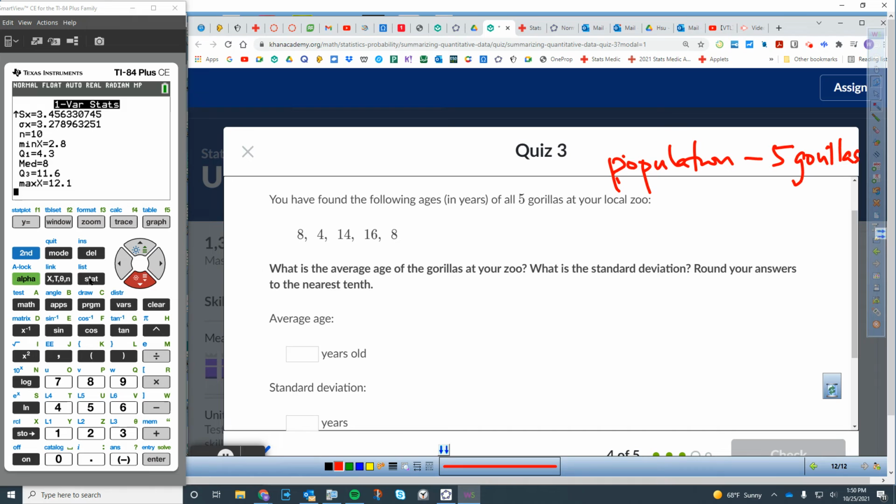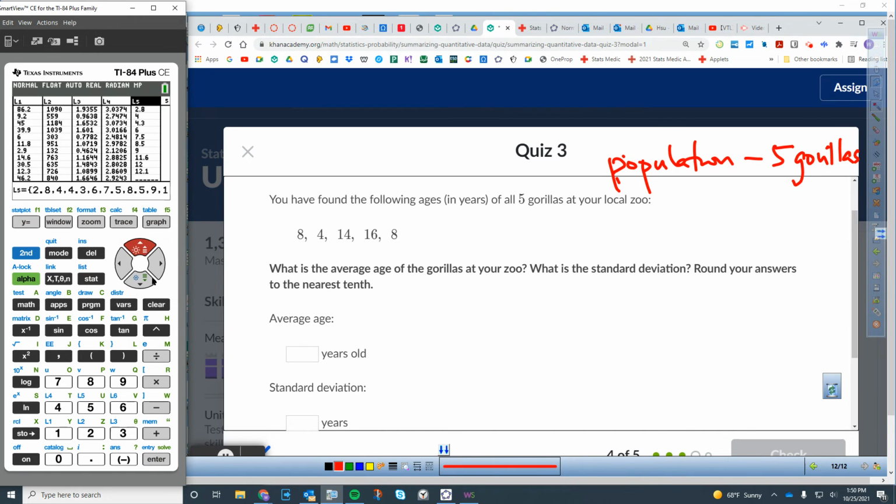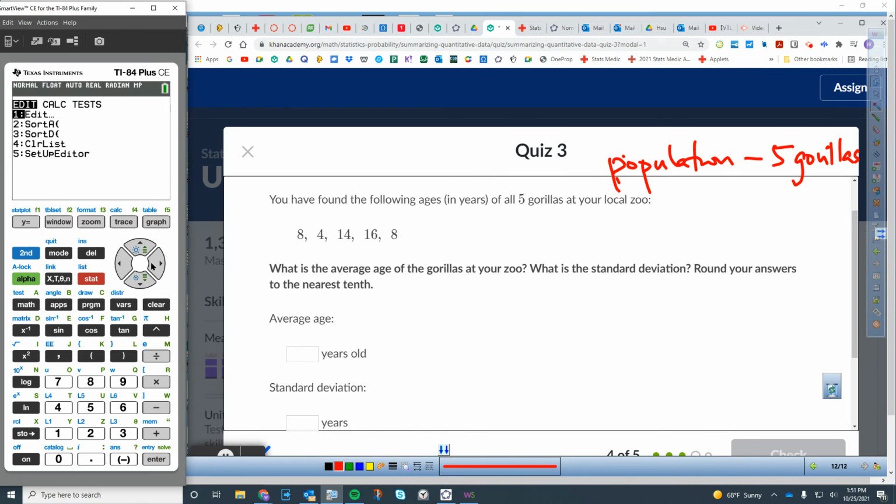So same thing. Go to stat, edit, clear the list, press clear enter, put 8 in there, 4 in there, 14 in there, 16 in there, 8 in there, go to stat, go to calc, go to 1-Var Stats, and list 5 is there, boom, boom, boom. Ladies and gentlemen, that's your mean, which is 10, right?